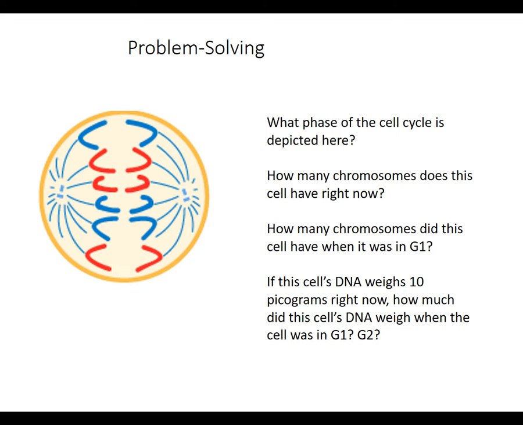The dyads are now pulled apart into monads. How many chromosomes does this cell have right now? You count each one individually. Monads: 1, 2, 3, 4, 5, 6, 7, 8, 9, 10, 11, 12.